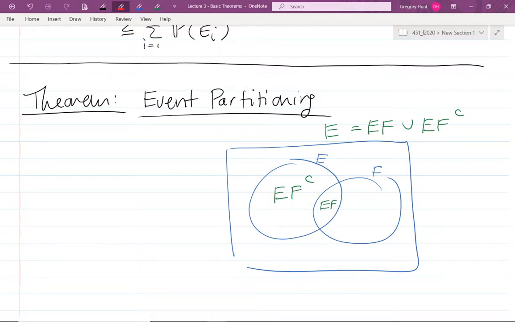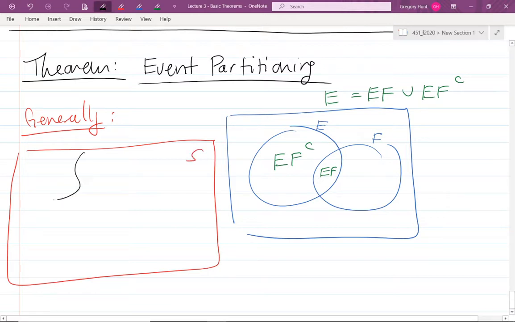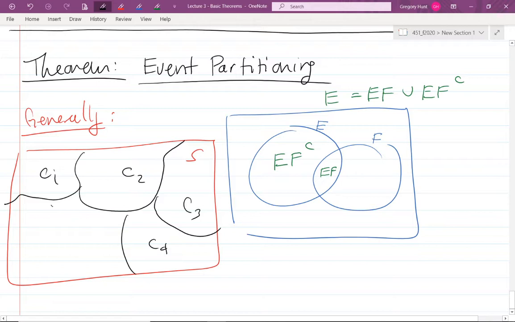A more general version of this is, okay, so here's my sample space. What I'm going to do is partition my sample space into some partition. Let's say C1, C2, C3, C4, C5, C6. Okay, there's my partition.